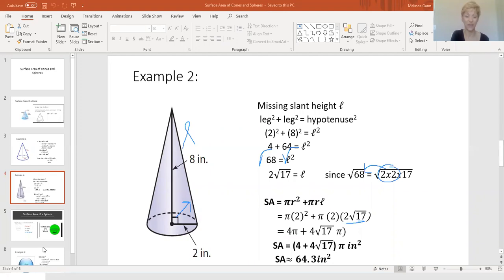Now, what about a sphere? Let me tell you what I would normally do and kind of where it comes from when we're doing a sphere. Now, you know, a sphere is like a ball. What I would have you do in a regular class is bring into class an orange, like a navel orange. And I would tell you to take your compass and try to draw a circle that's about the same size as this equator.